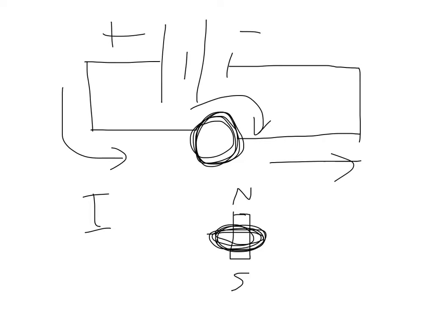The orientation of the north and south depends upon the direction of the current. So if it's clockwise, it'll go one way. If it's counterclockwise, the other way. We'll talk more about that in class. The important thing is that this coil of wire generates a magnet, north and south. So I'm going to go to a new slide here.